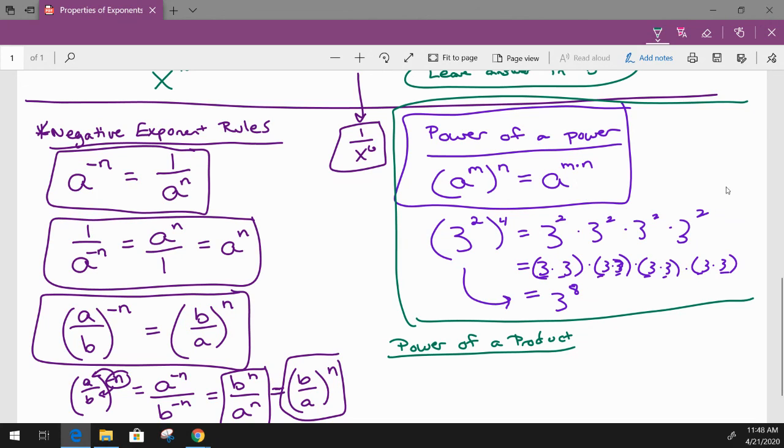So a power of a product, the rule basically says if you have two things being multiplied together, it could be a number and a variable or two variables, and you've got an exponent on the outside, that exponent basically gets distributed to both of the bases. So the A and the B are both different bases, so that exponent gets distributed to both. Now keep in mind that these have to be multiplied together. So the A and the B are things that are being multiplied. You cannot have a plus or a minus sign in between here.